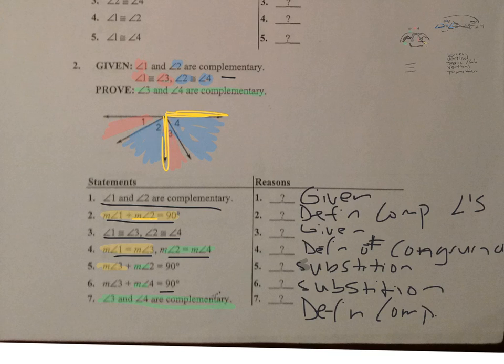So we used it going from 1 to 2 to turn complementary into 90 degrees, and we used it between 6 and 7 to turn 90 degrees back into the word complementary. All right, so hopefully these explanations will help you through some of the proofs and give you a little better understanding of how to think through some of these.